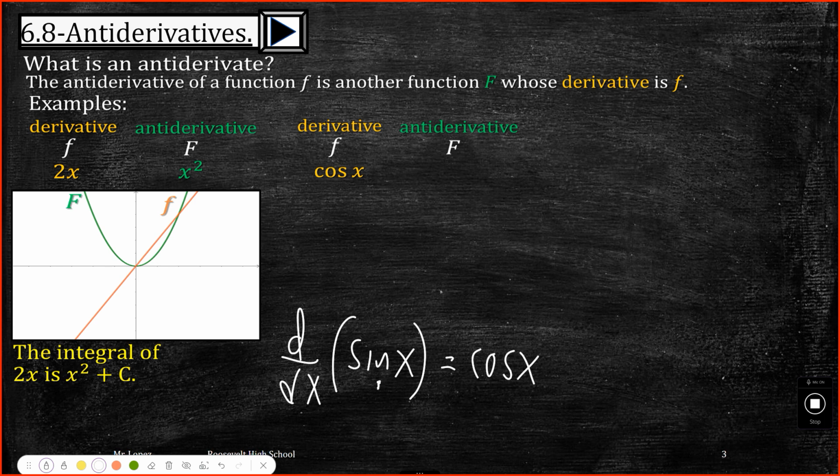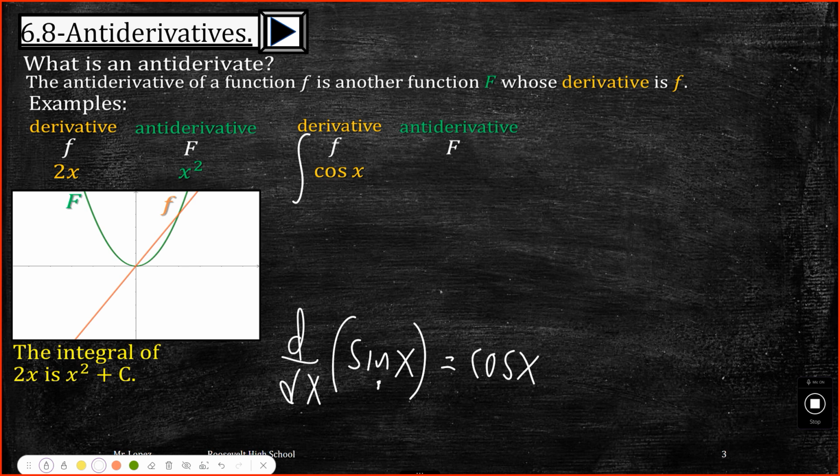The derivative of sine is cosine, isn't it? Yeah. And so you integrate cosine, is it sine x or negative? It's negative? The derivative of cosine is negative sine x.